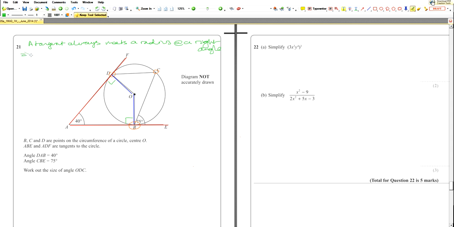So therefore, this angle, if you want to define it, ODA, angle ODE is equal to this angle here, which is, for example, ABO. Angle ABO is equal to 90.